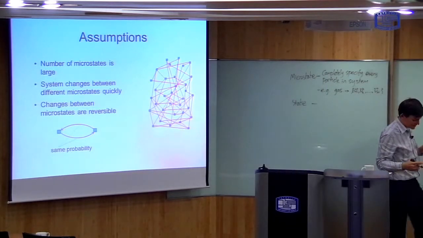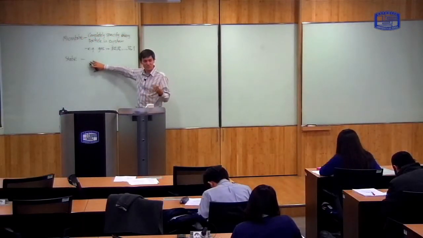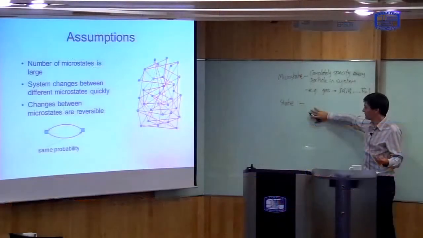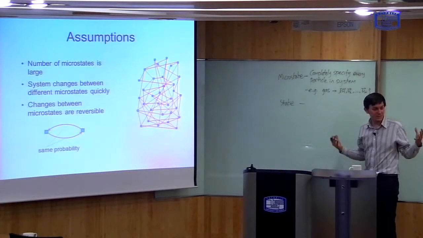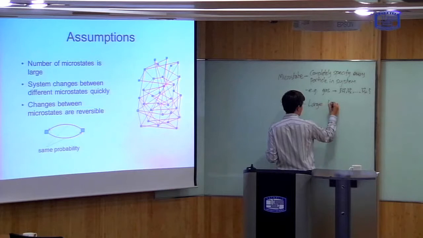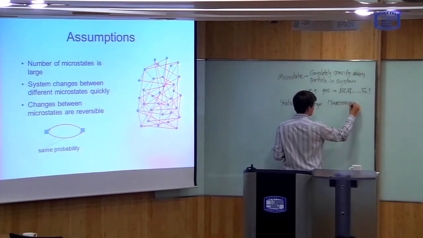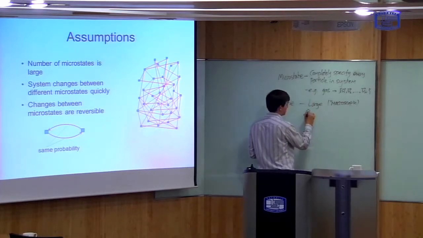Whereas the state, in this technical sense, is those properties of the system which you can see on a large scale. The technical word that's used for this is macroscopic properties of the system.